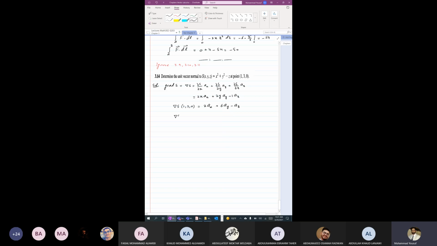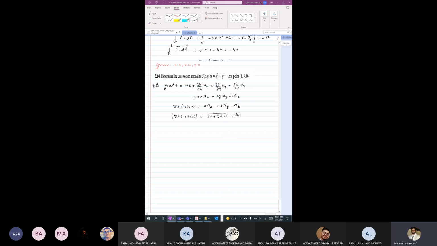Now, what is the magnitude of this? It is 4 plus 36 plus 1, so this is equal to the square root of 41.